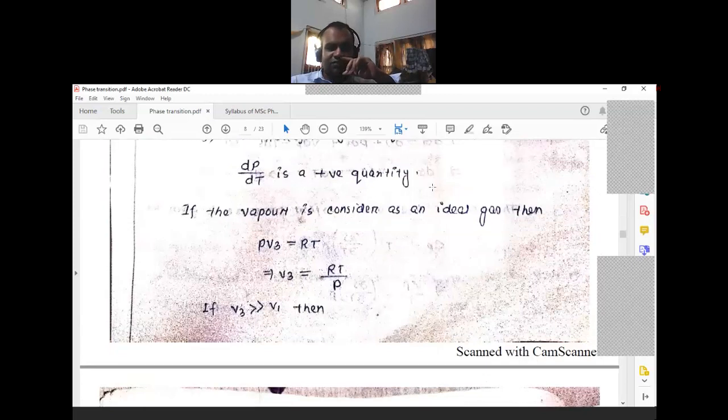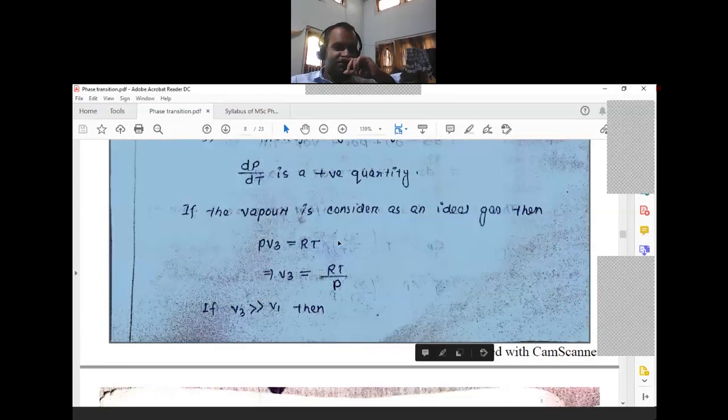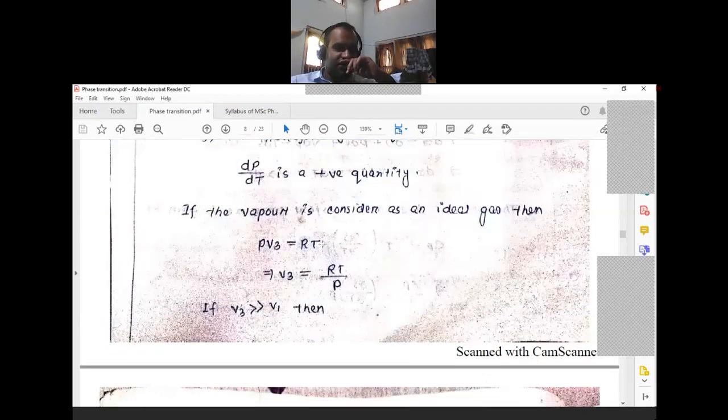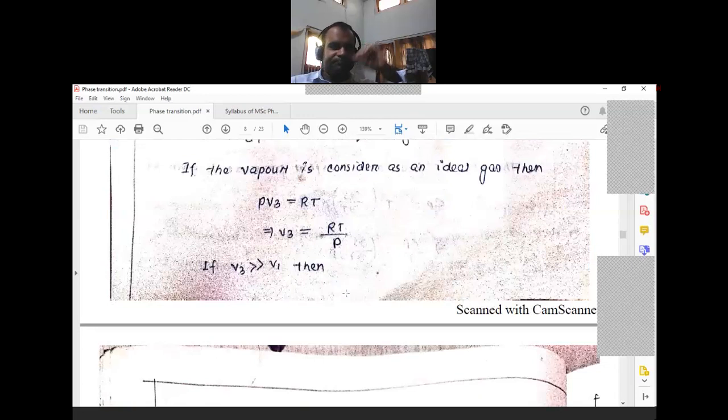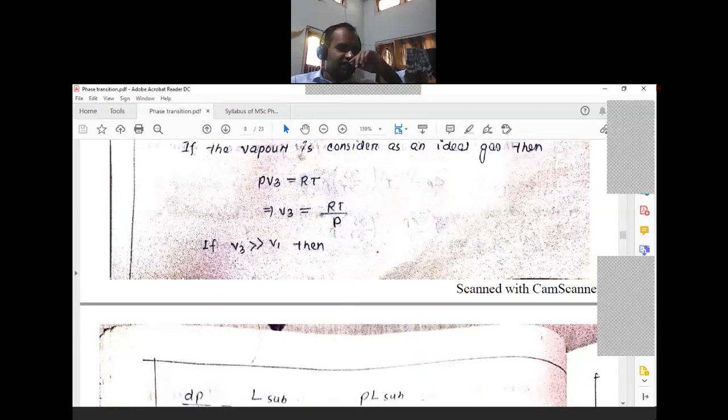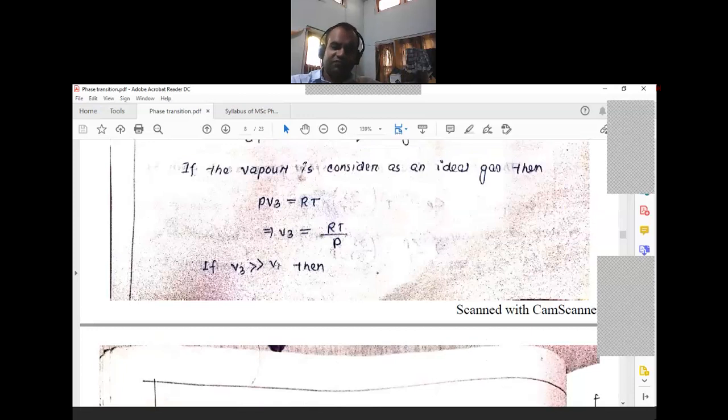And if dp over dt is a positive quantity, going back to this plot, you see the sublimation plot is also having a positive slope, unlike the fusion plot. The fusion plot has a negative slope, but sublimation has a positive slope, and vaporization also has a positive slope.